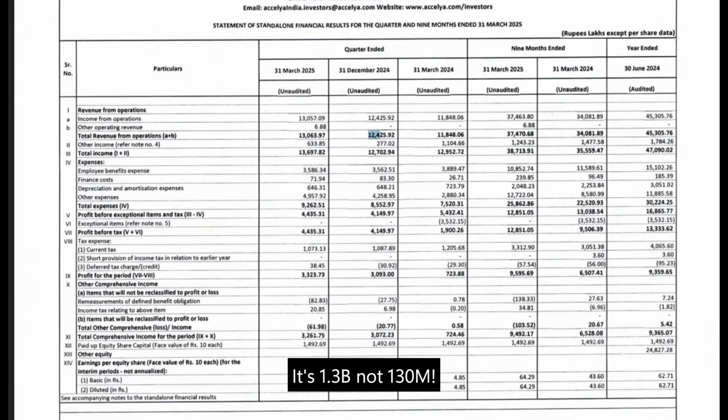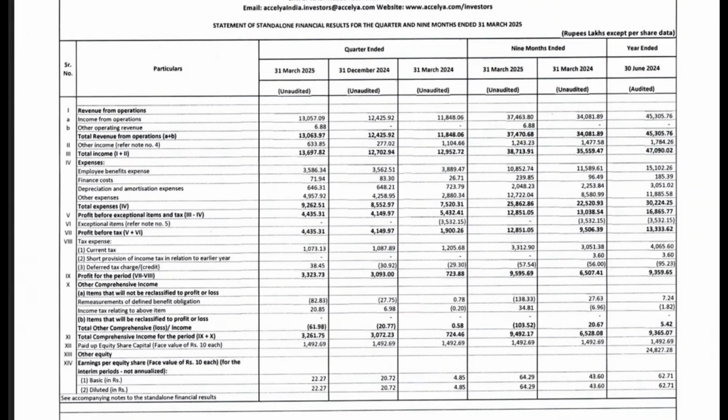Now this is the total income, the other income which is in note 4. This is not much. So it's 136 million here compared to 129. So 7 million is like 5% growth, not 10%. So here something is wrong.